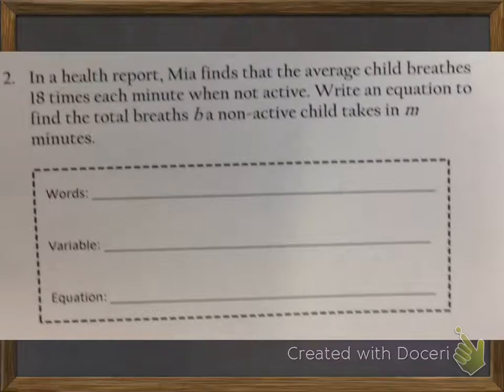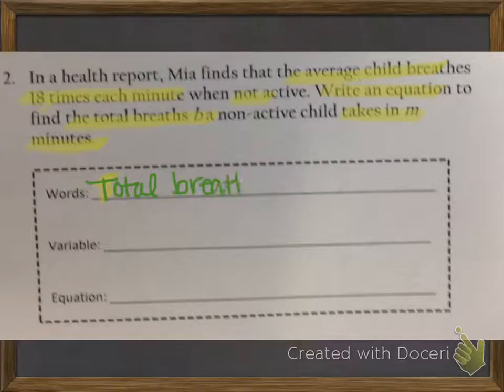Let's try another one. In a health report, Mia finds the average child breathes 18 times each minute when not active. Write an equation to find the total breaths B a non-active child takes in M minutes. So our words are the total breaths is 18 times the minutes.